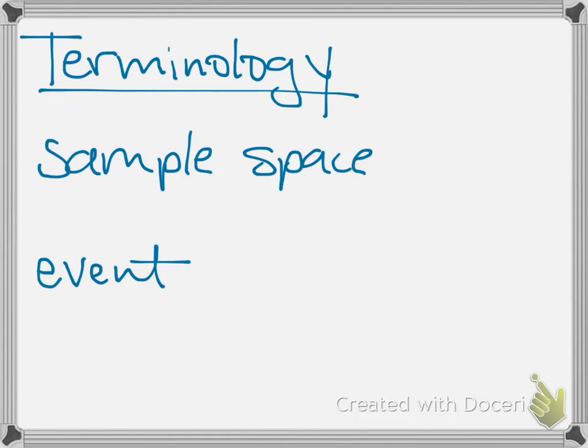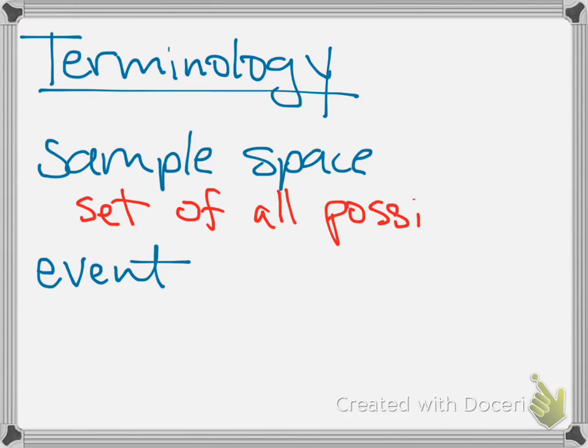Something else we need to talk about is a little bit of terminology. First of all, sample space, that's just the set of all possibilities, all possible outcomes. So if you are tossing a coin, then the sample space contains 2 possible events, either getting a heads or a tail.